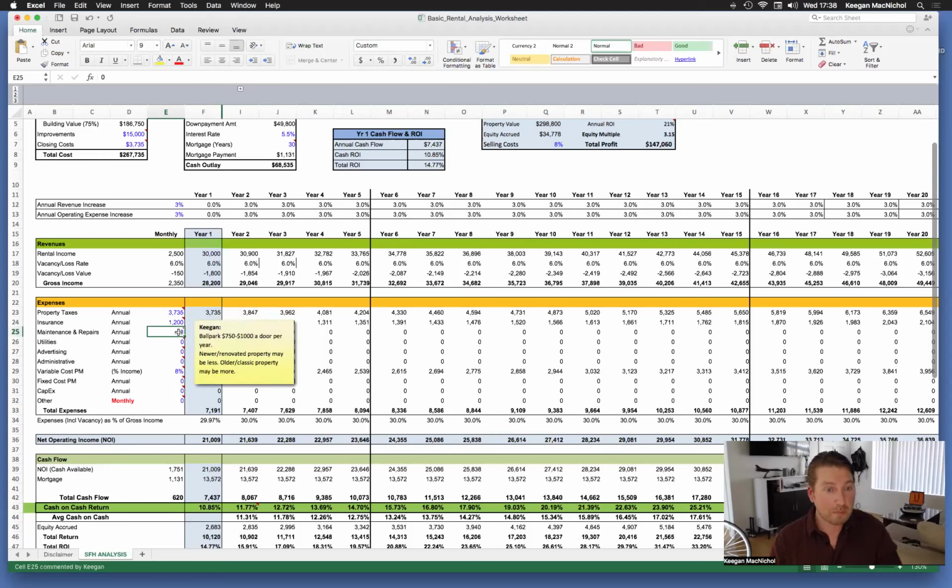All right, maintenance and repairs. So typically you want to ballpark probably $750 to $1,000 a door per year. Obviously, your newer renovated properties may be less. Your older classic property might be a little bit more, depending on how maintenance intensive it is. Also, maybe you have a tenant that doesn't take very good care of the property, or maybe you have a tenant that goes above and beyond and doesn't bother you with little things that break.